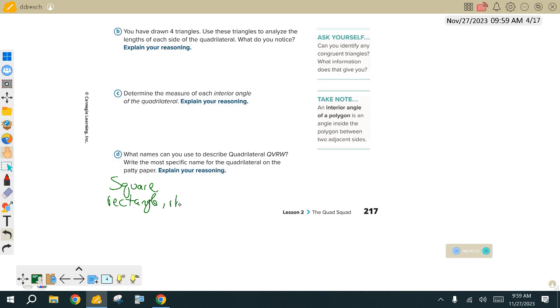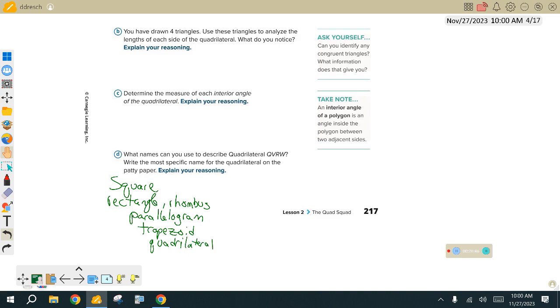What else do we say? Rhombus, parallelogram. I can't spell parallelogram. And that weird one, which is a trapezoid. And for sure, it is definitely a quadrilateral.